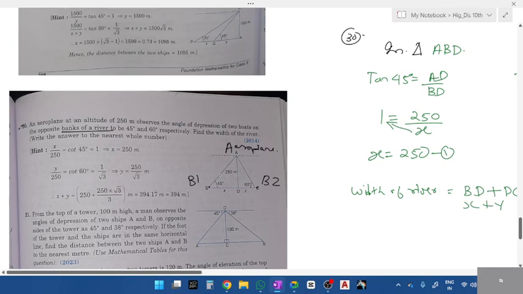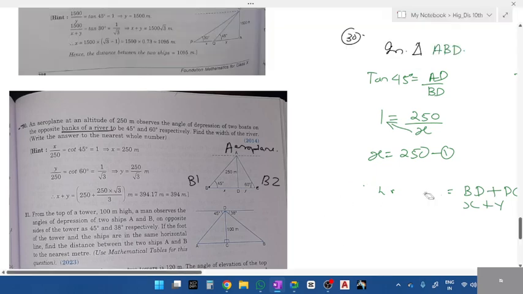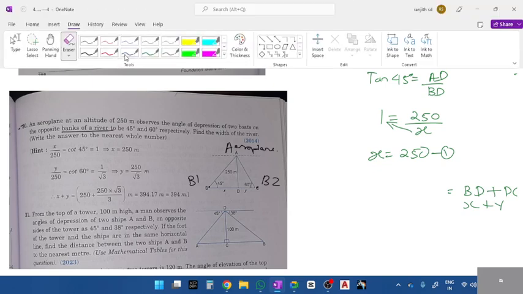Now, Mariana, you tell me what is your doubt? Width is the distance. Okay. So boat, this one, width of river. That is what they've asked there, right?